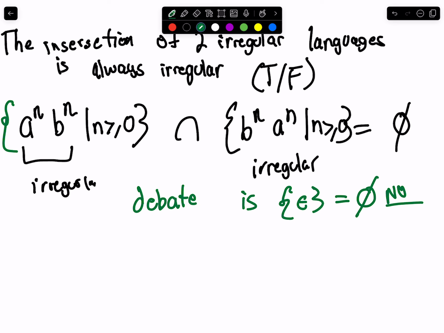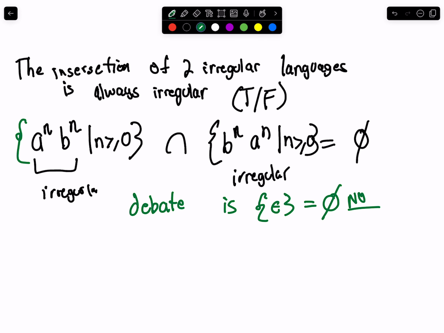Implicit in the alphabet definition, when you say 0 and 1, epsilon is implicitly there. Okay, whatever. Who cares?